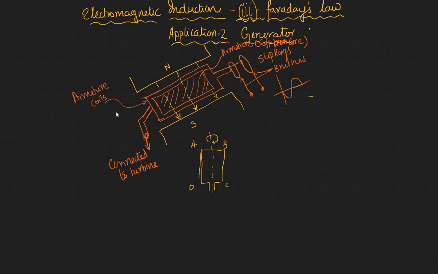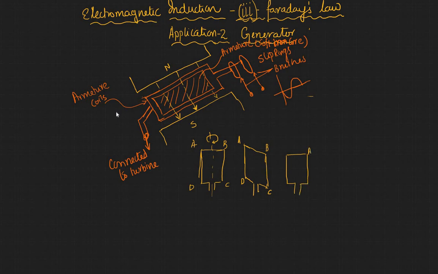At the next moment your A has moved back, so this becomes your A, this becomes your B, C and D, and after that the position of A, B, C, D changes.